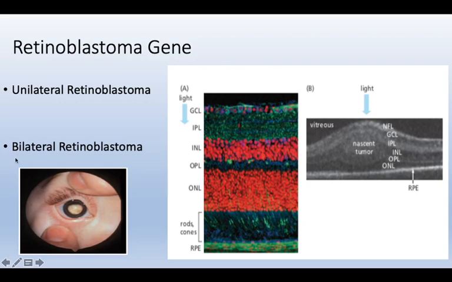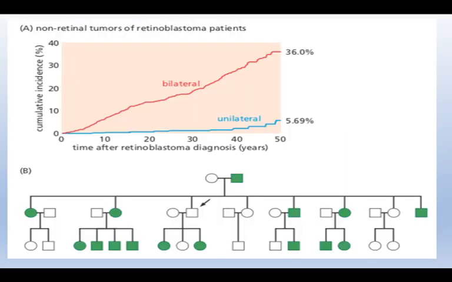Now, retinoblastoma actually begins in the inner nuclear layer. An abnormal growth of cells happening inside this region of the inner nuclear layer turns into retinoblastoma formation. Unilateral retinoblastoma is a sort of sporadic tumor formation happening in 1 in 20,000 children, and it occurs relatively late compared to bilateral retinoblastoma, where both eyes are involved.